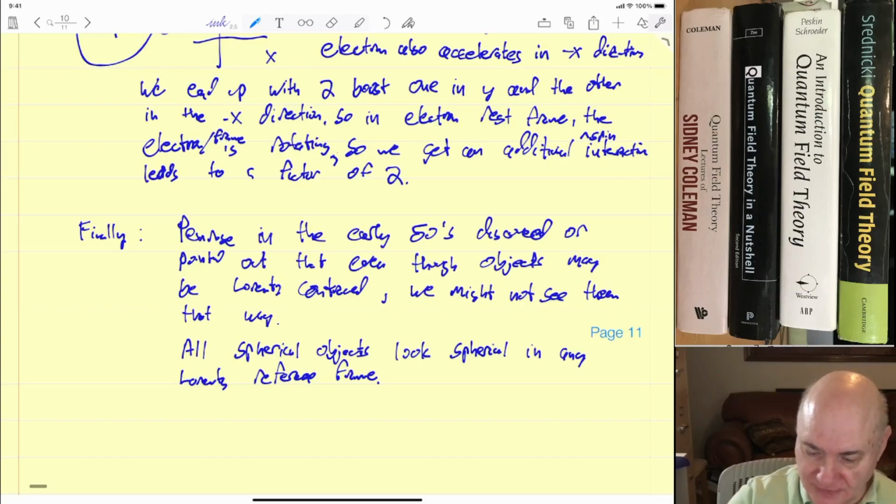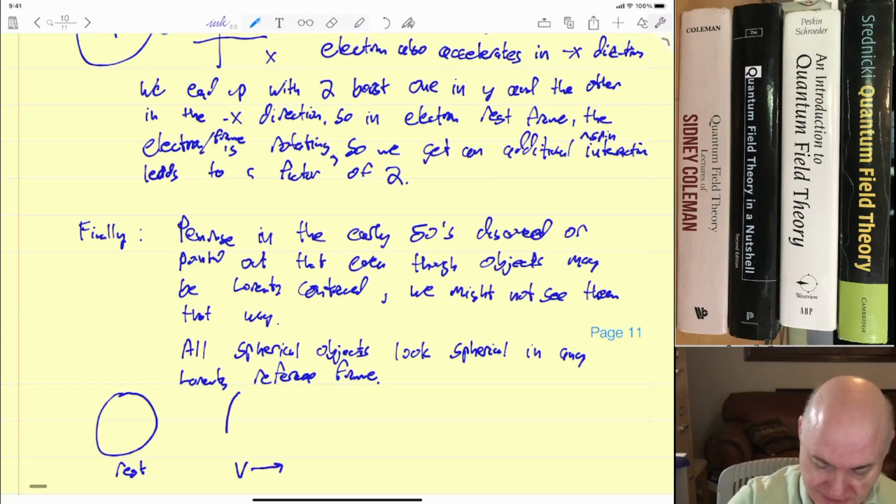So let's say here's a ball in my reference frame where it's at rest, and that's my best attempt to draw a circle. I'll see it as a circle. You might think in a reference frame moving at a velocity v that it would contract and look like an ellipse. But that's not what we see. It still looks like a ball.